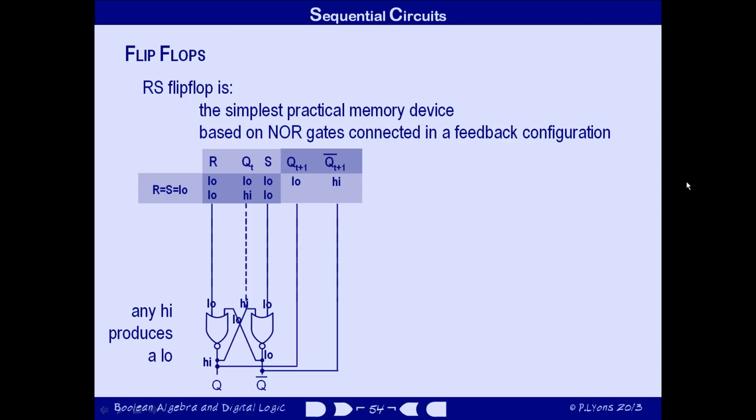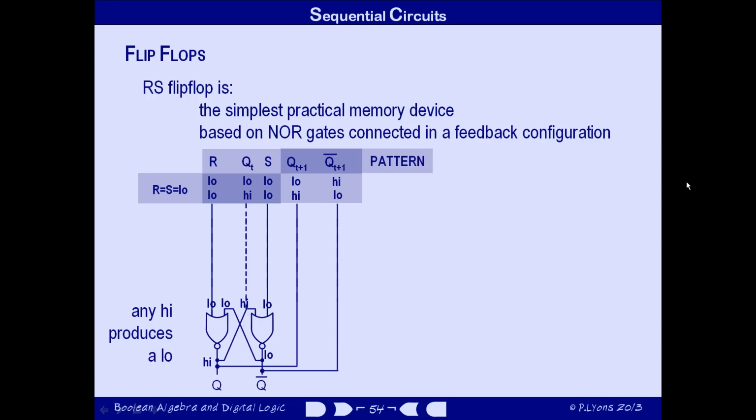The left-hand NOR gate therefore receives two low inputs, which makes it produce a high output. That's consistent with the value that we assumed for Q in the first place. That is, the initial high value of Q has remained unchanged when the R and S inputs are both low. And of course, the not Q output is the opposite of Q.